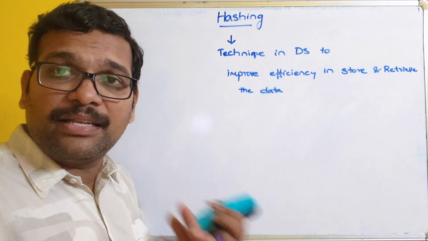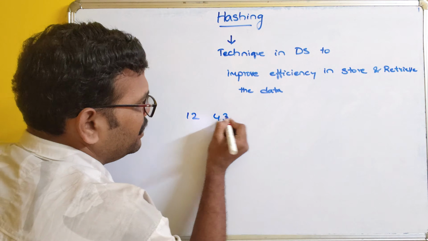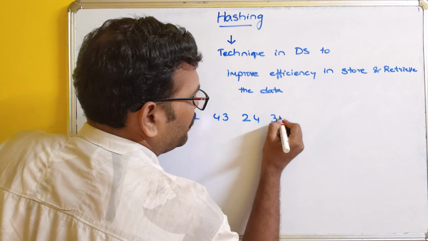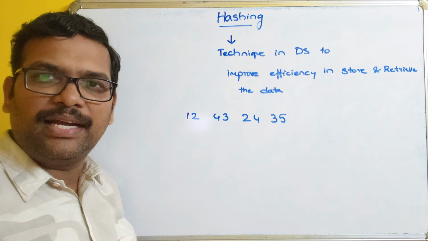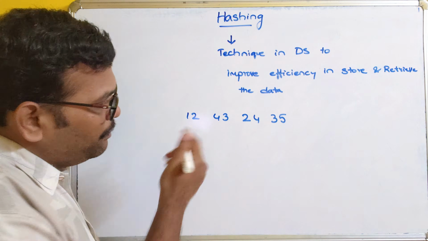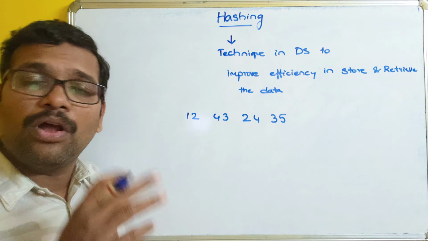For example, consider some elements like 12, 43, 24, and 35. So these are a few elements. All these elements will be stored in the memory, right?